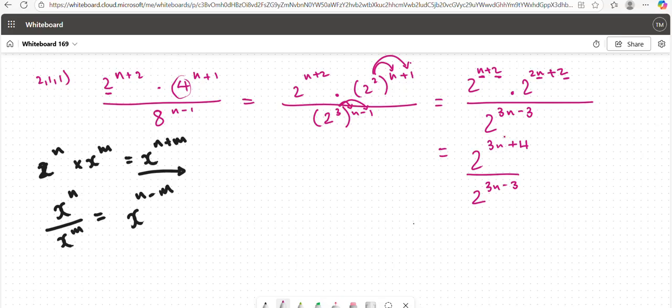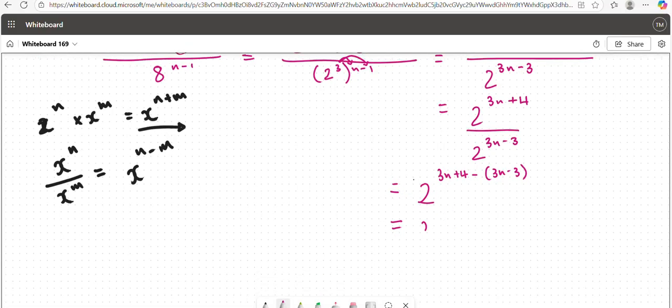But when you're subtracting this, you have to be careful because you're subtracting a binomial with a binomial. So it has to be 2 to the power of 3n plus 4 minus with brackets like that. I sometimes like writing it like that. And then I need to remember that that negative belongs to the 3n and it belongs to the minus 3.